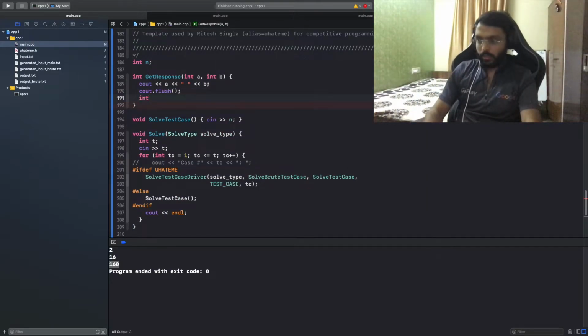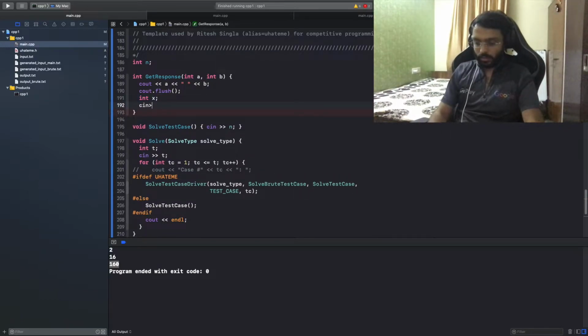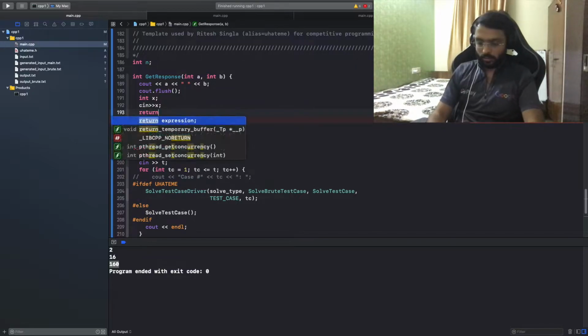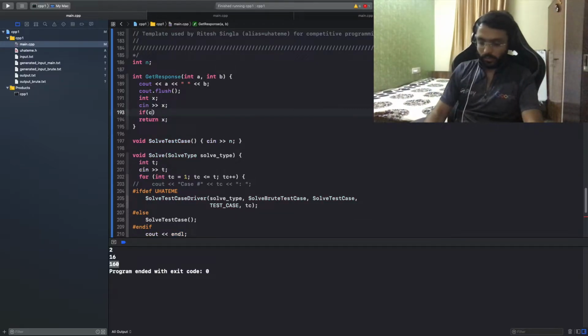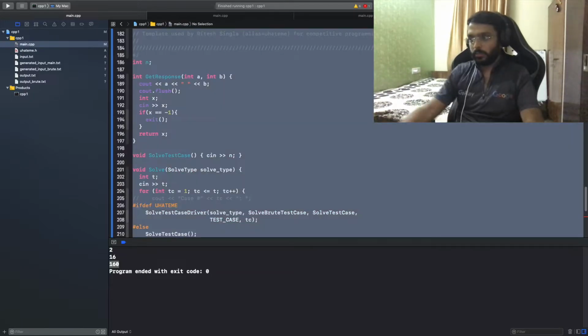and then int x, cin x, return x. If x is equal to -1, I simply do an exit.